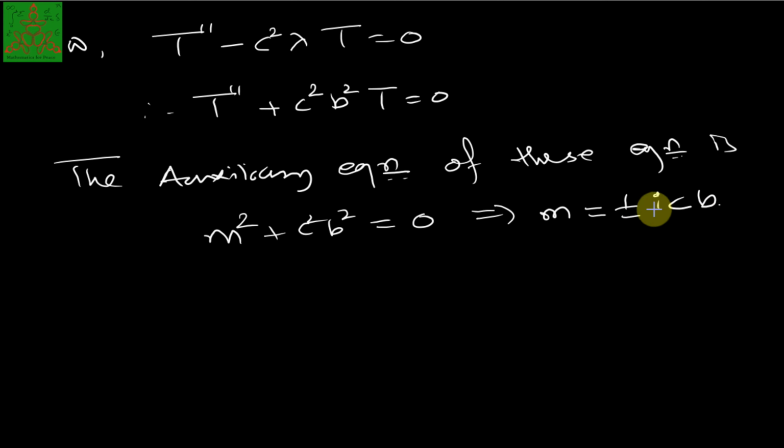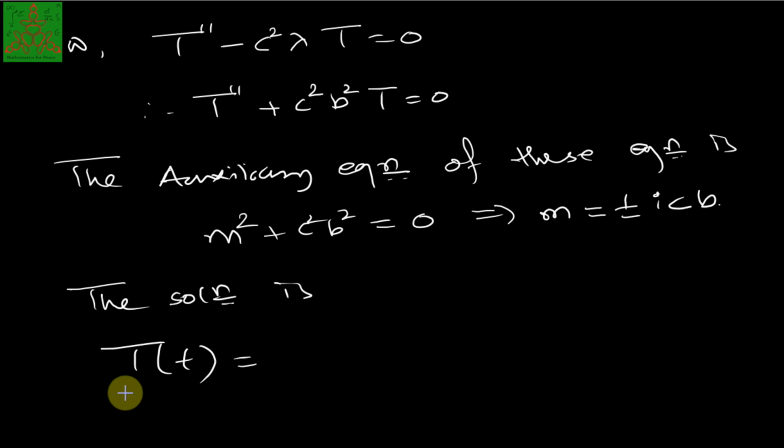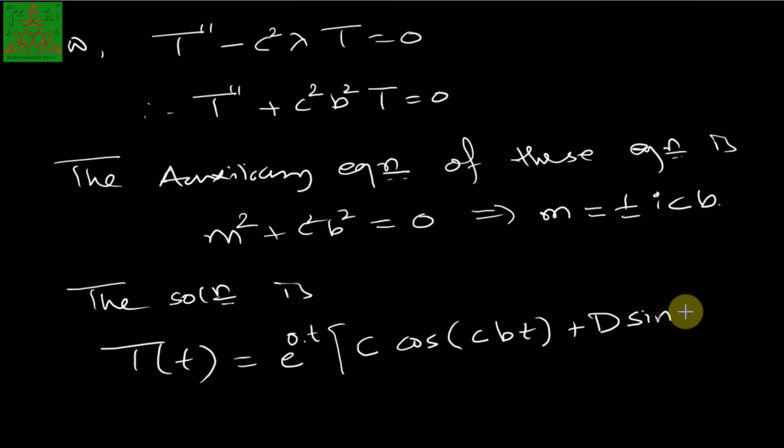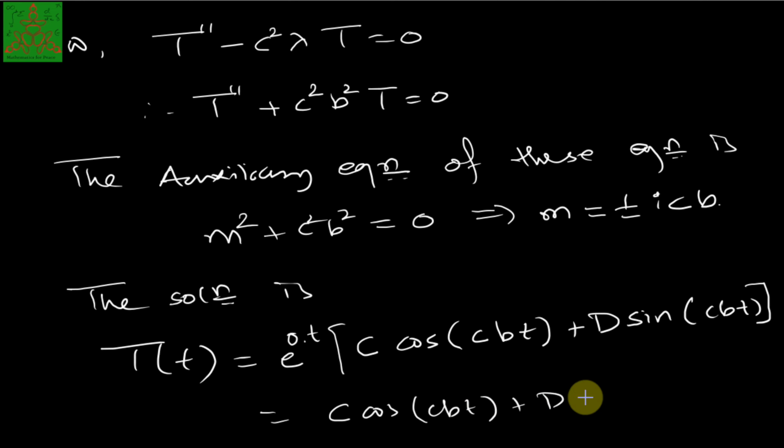So as we did for X, the solution T of t is e power 0t, because alpha is 0 here, into (C cos cbt plus D sin cbt). Since the constants A and B were already used previously, here we use C and D. This e power 0 is 1, so we can write C cos cbt plus D sin cbt.